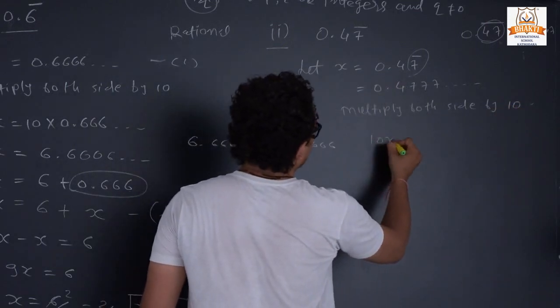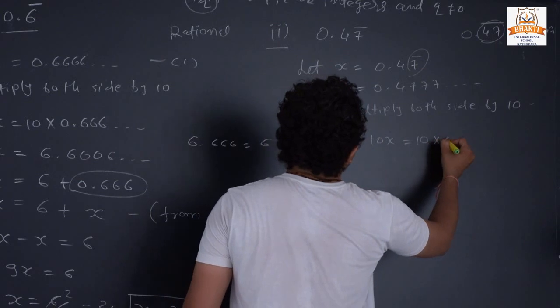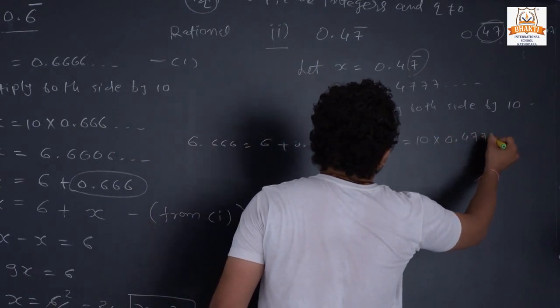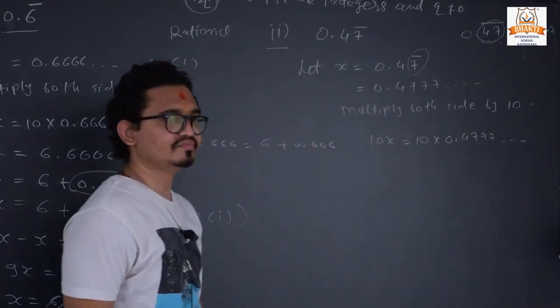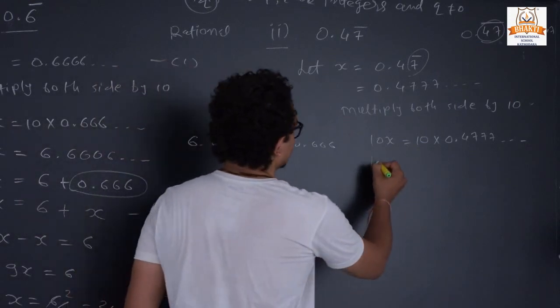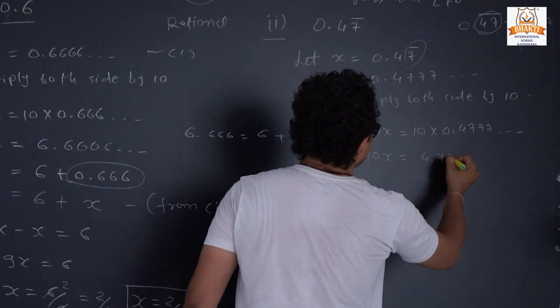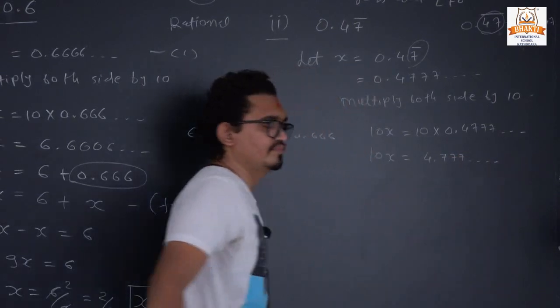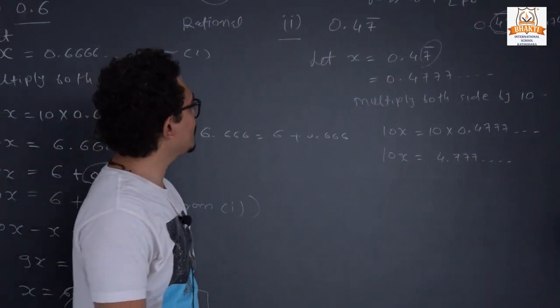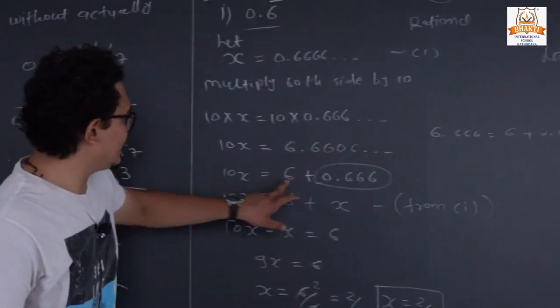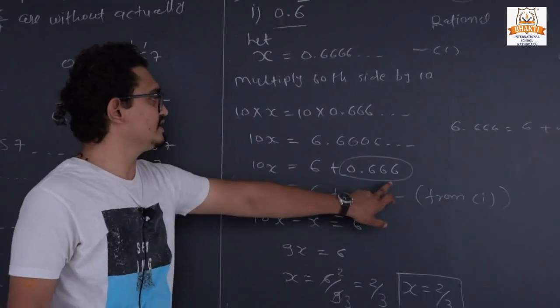So 10 into x is equal to 10 into 0.4777. So the answer is 10x is equal to 4.777. Now we want to convert similarly to 6 plus 0.666.